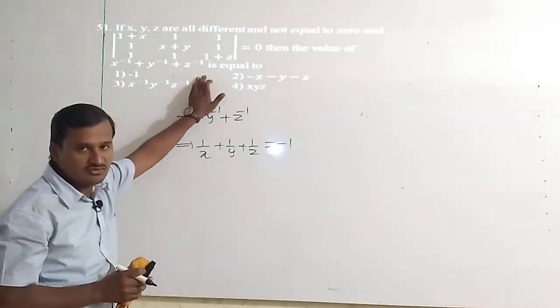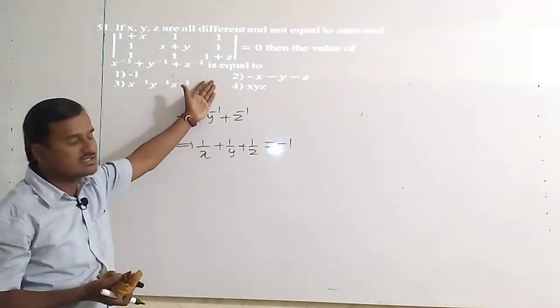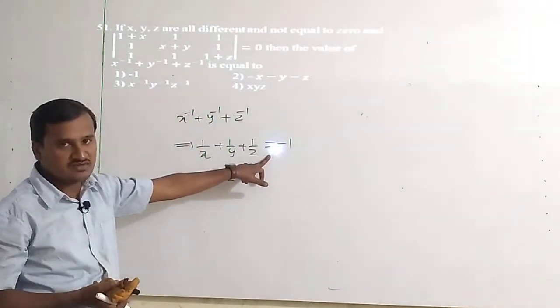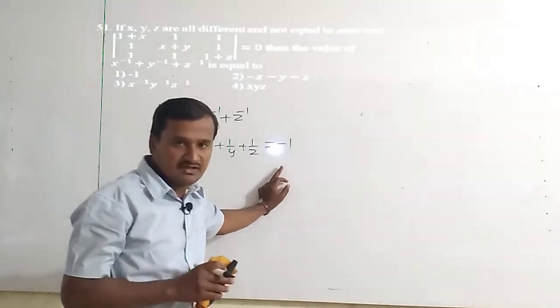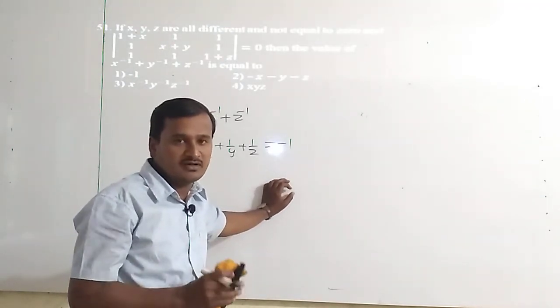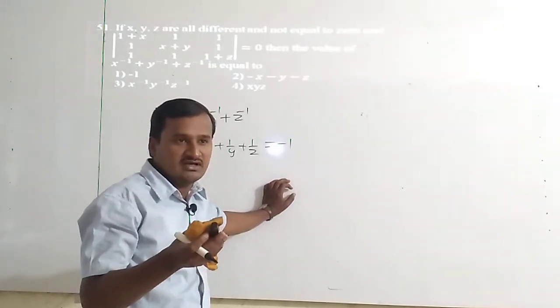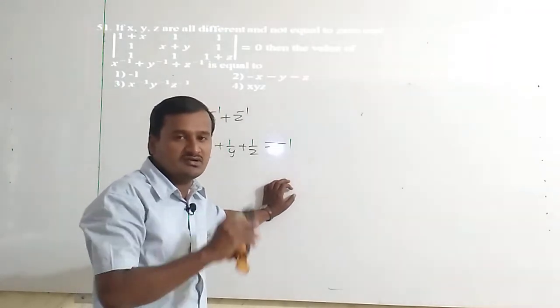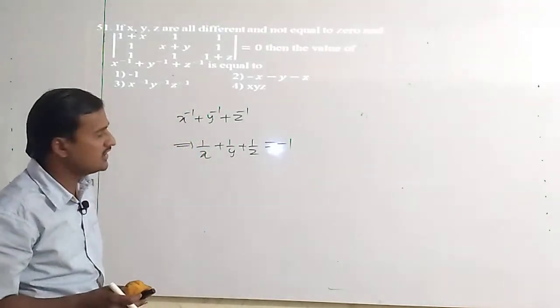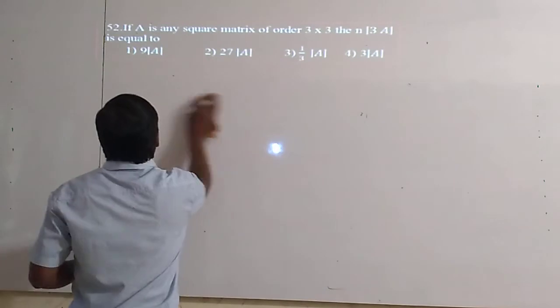Go through the previous videos, or you have to practice. This answer is minus 1. If the same models are there, you have to practice at home, because they will just change the values. In that case you have to solve on your own. Okay, I will go for the next question.